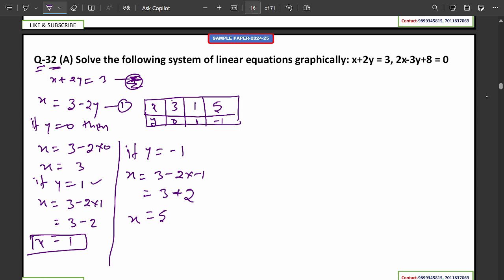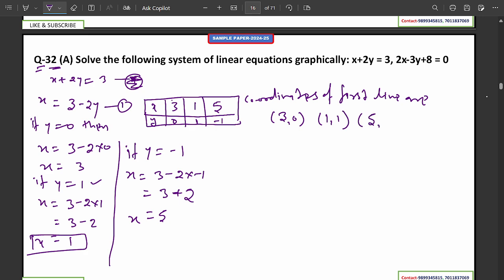So these are three coordinates which we will plot on the graph. Coordinates of the first line are (3, 0), (1, 1), (5, minus 1).